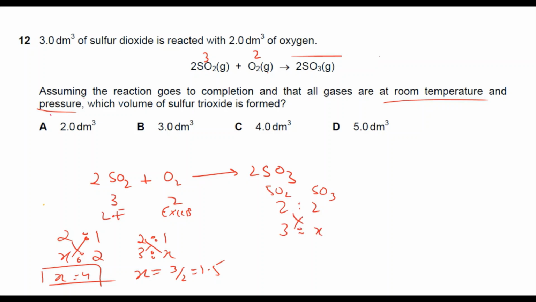How many moles of sulfur trioxide do I form? Well, the answer is quite simple. It's going to be 3 because they're in 1:1. So this makes it 3 moles. And we assumed right in the beginning that we are considering the volume as the moles. Now I will consider the moles as the volume. So the answer is 3 dm³. Let's go on.